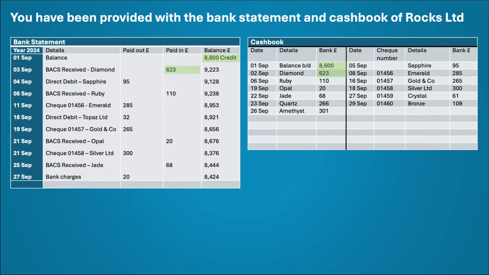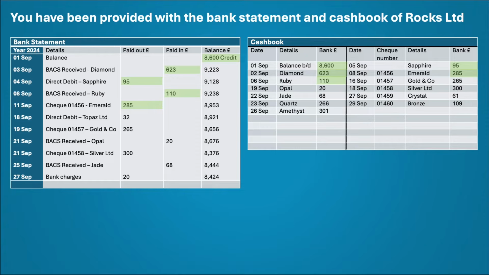So the next one on the list is the direct debit for Sapphire. That's for £95. We can see that that again appears on both. We've then got BACS received from Ruby for £110, which again appears on both. We then have a cheque for Emerald of £285 that was a payment, which again appears on both.